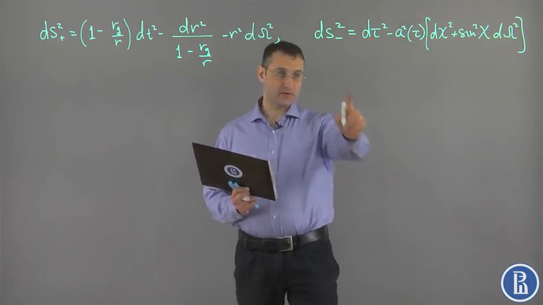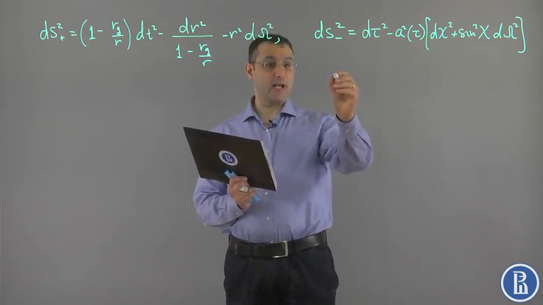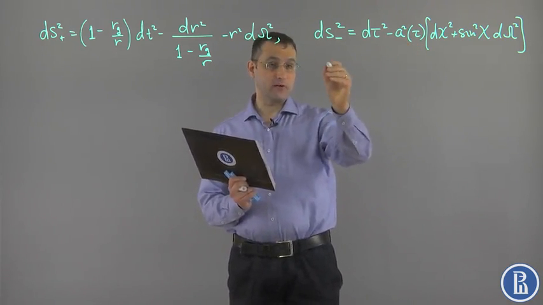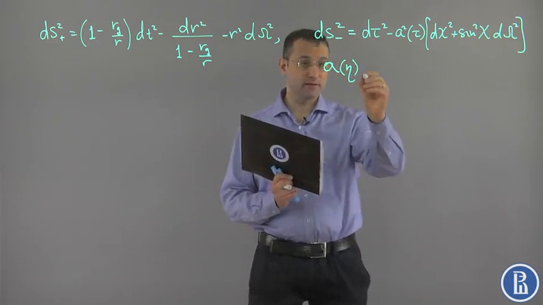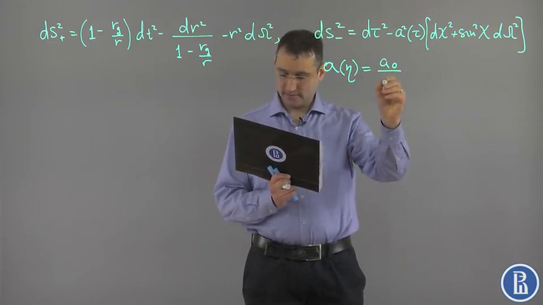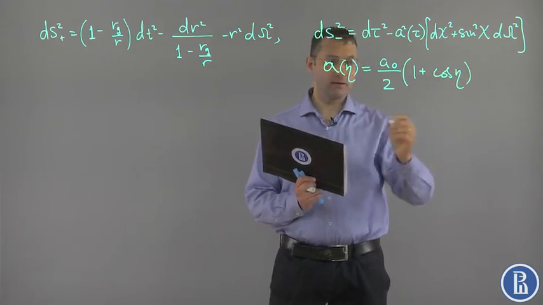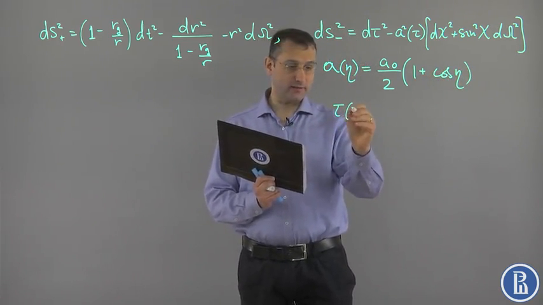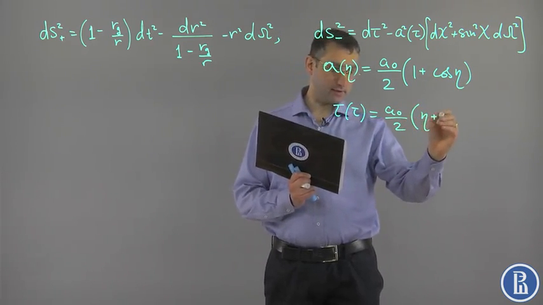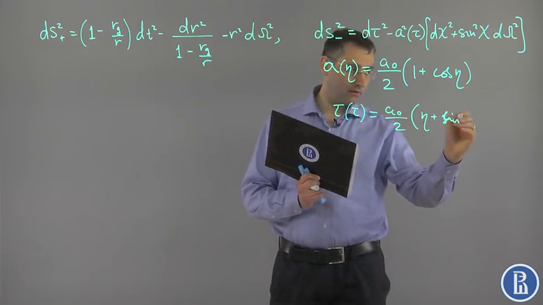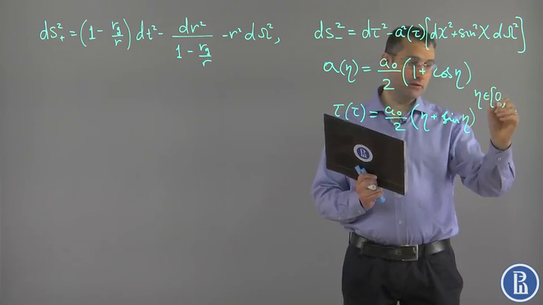And we have described this metric in the following sense: a and tau as implicit functions of parameter eta behave like this. a is a0 over 2 times cosine of eta, and tau of eta is a0 over 2 times (eta plus sine of eta), and eta is ranging from 0 to pi.